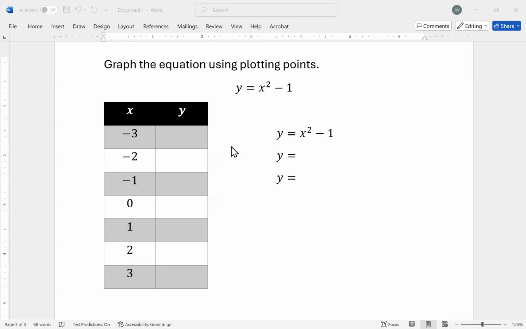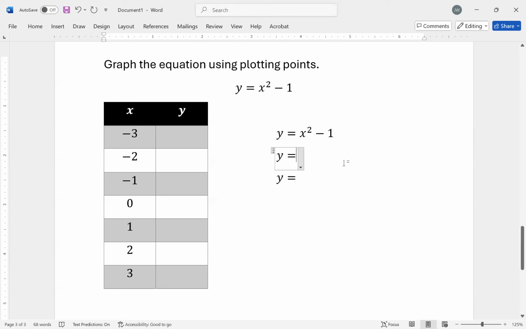All right, for this one, I'm going to put in a few more points than I did for the previous two because this one has an x squared in it. So I'll plug in -3, -2, -1, 0, 1, 2, and 3 for x, and then solve for y.